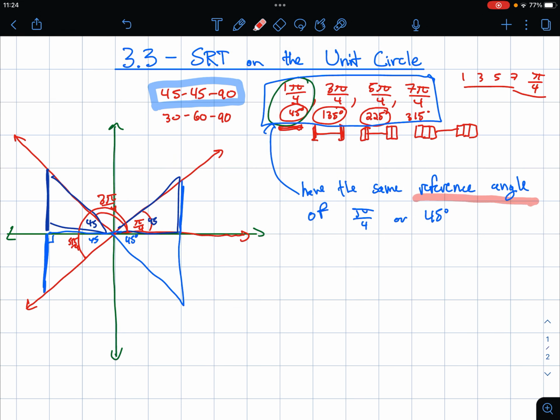And when we do some trig with these, you'll see that the reference angle and the angles that share it, they're all gonna have the same ratio. It'll just change whether it's positive or negative based on the quadrant.